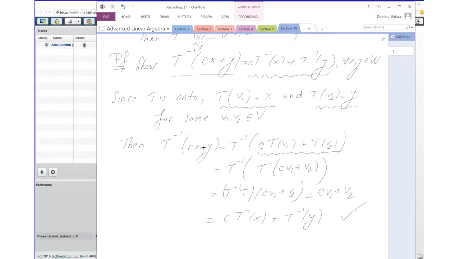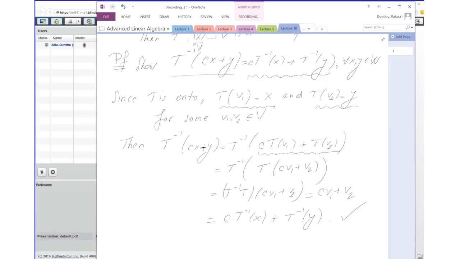Remember one thing, so invertible is equivalent to being one-to-one and onto, but we've seen something before for linear transformations that said in case V and W have the same finite dimension, one-to-one and onto are equivalent. We proved that before. So keep that in mind.